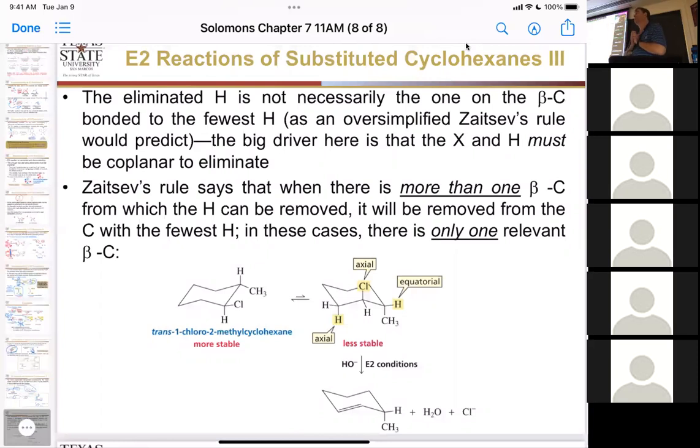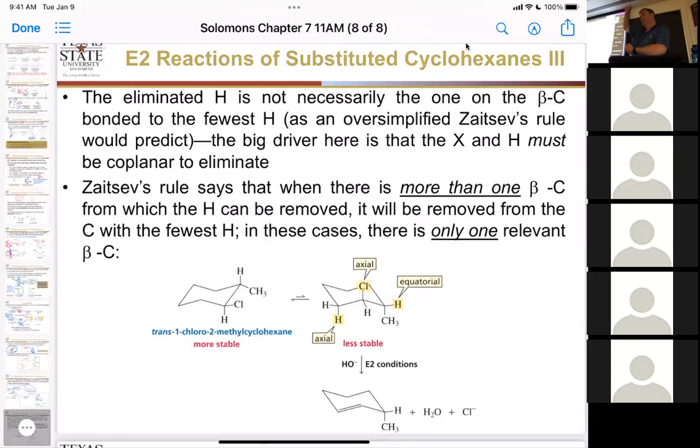Yes. So is there no scenario where chlorine is equatorial and an elimination can happen? No, because the carbon on the ring is anti to it. If you make the structure, you'll see that the chlorine is anti to a carbon in the ring when it's equatorial.